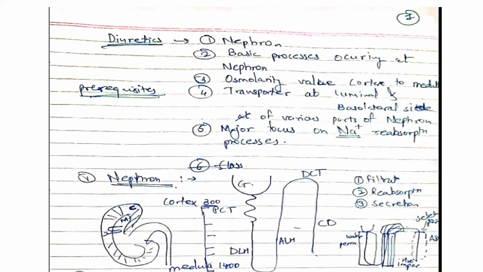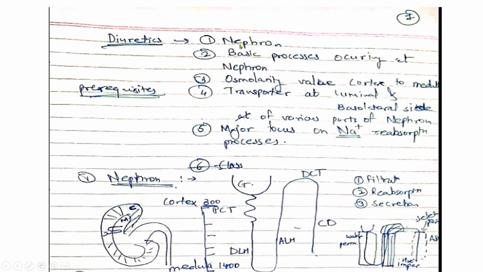It is the basic functional unit of the kidney, and it has various structures which you can recall: glomerulus, proximal convoluted tubule, Henle's loop, distal convoluted tubule and collecting duct, which are represented here in a crude manner.